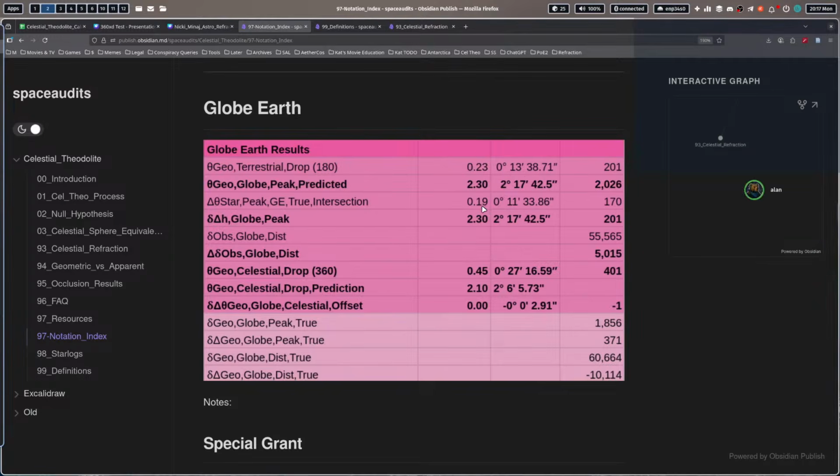Then we could subtract that from the elevation of the mountain peak. So subtracting 8 minutes of angle from the peak, from what the flat earth would predict, is the equivalent of saying that the peak is lower by 200 meters in elevation because the earth is a globe.